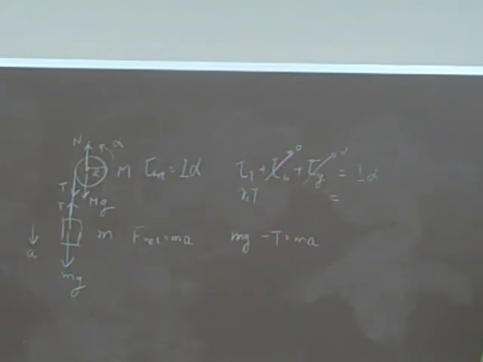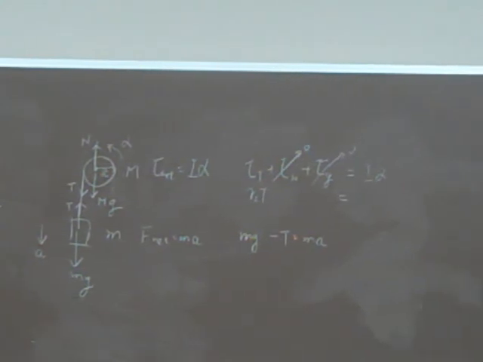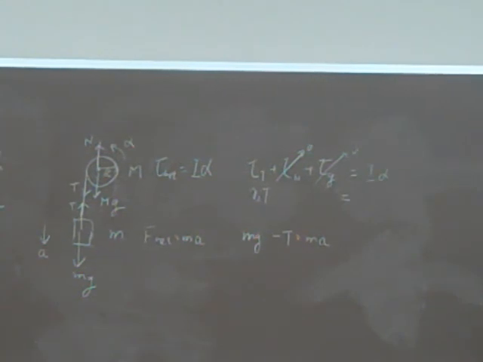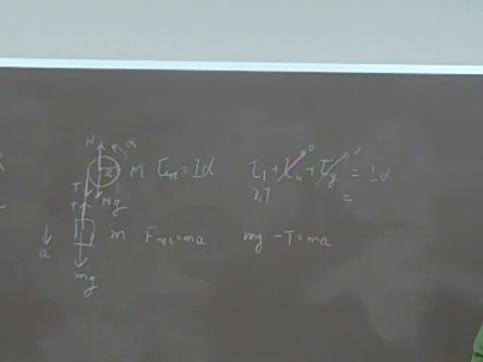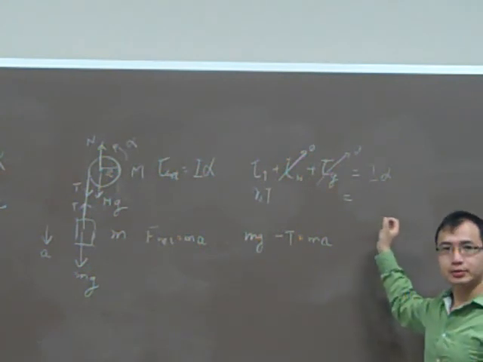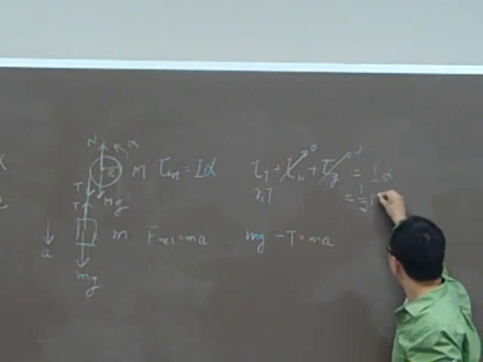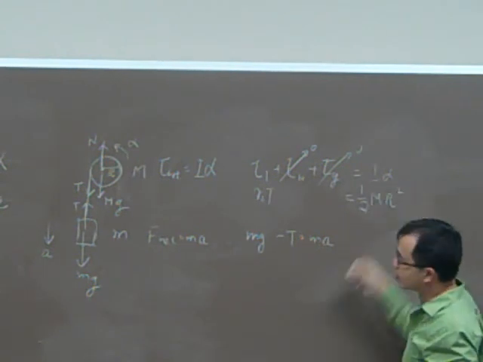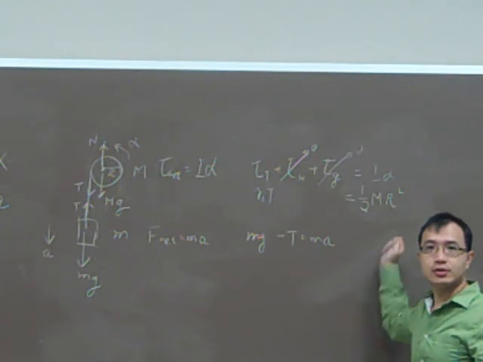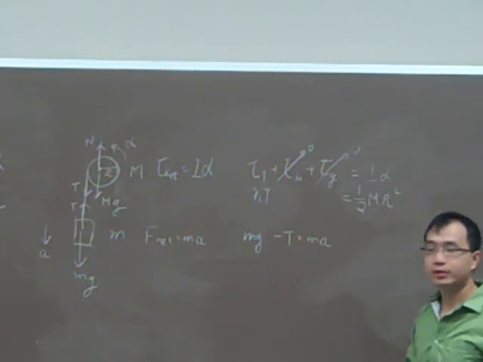How can we calculate the rotational inertia for this object? We mentioned this is a disc-shaped pulley. For a disc, what is the rotational inertia? Do you remember? 1/2 MR squared. So capital M and R are given.